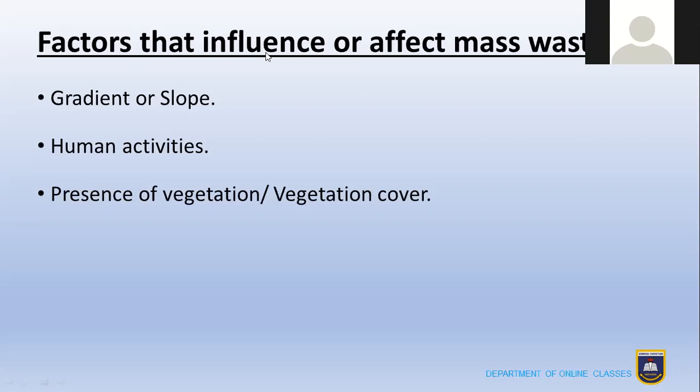In areas where there is thick vegetation cover, the thick vegetation tends to act as a protective mechanism, protecting the materials from being transported downslope. In areas where there is no thick vegetation cover, the materials are further exposed because there is no protective mechanism, and for that matter, they can easily move downslope. So this is basically what we are saying.